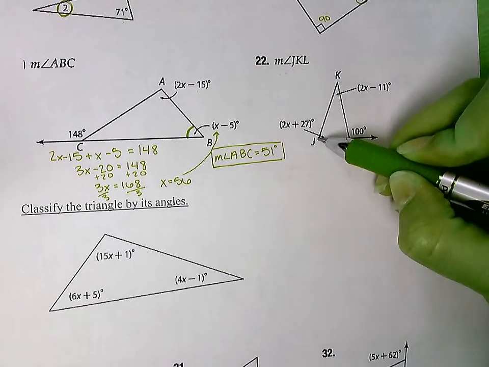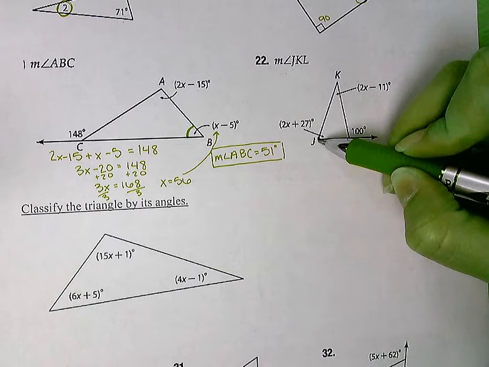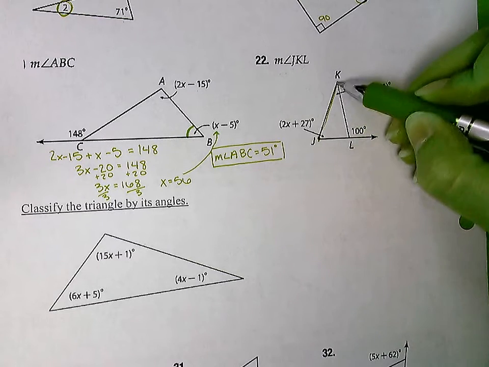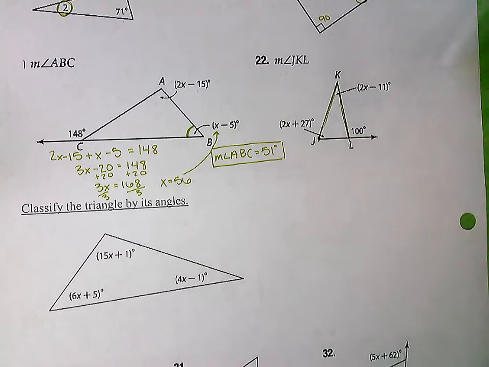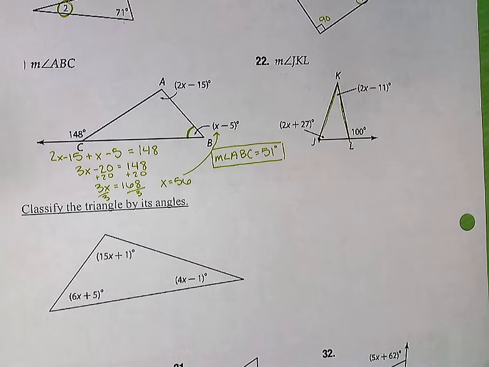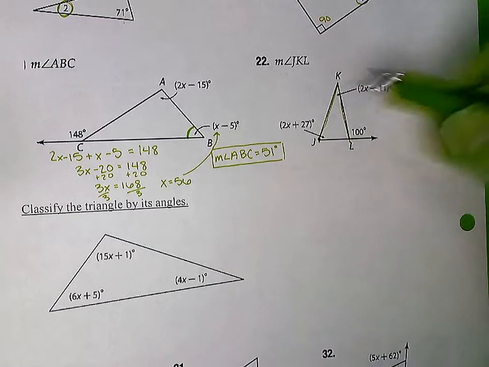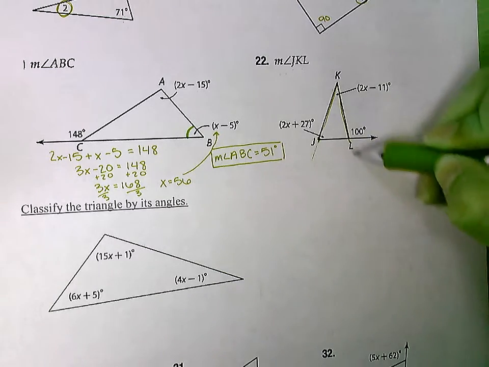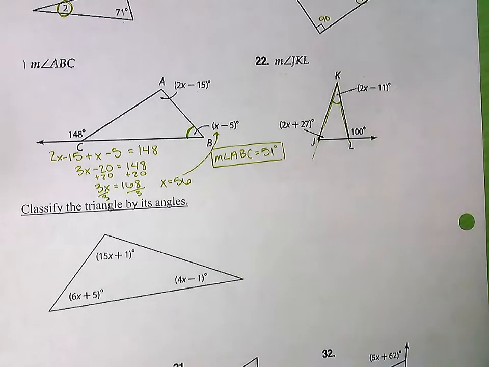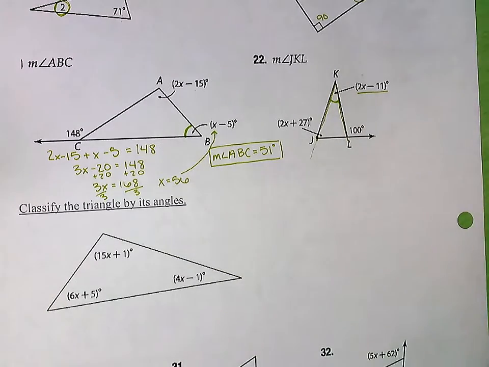It goes from point J to point K to point L. That makes this angle here. Whatever angle is created with those 3 points, that's the one you want to plug into. So it would be this one right here.